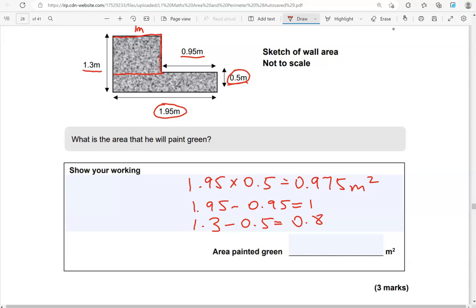So now 1 times 0.8 gives us 0.8 square meters. So add the two areas together to give us the total.